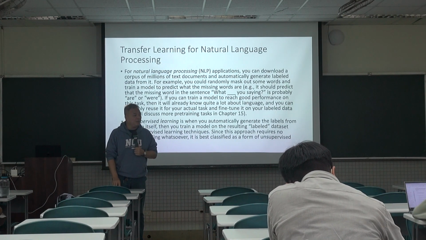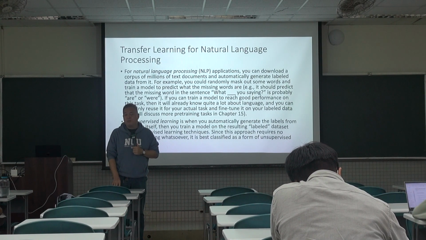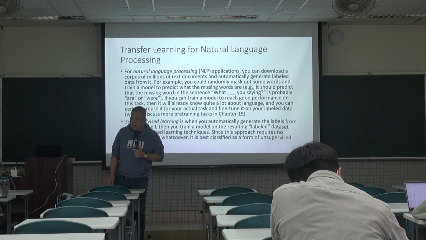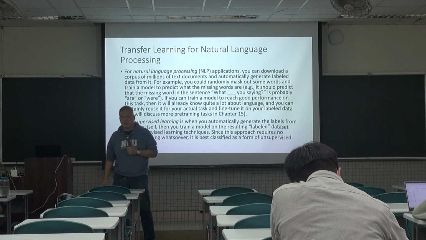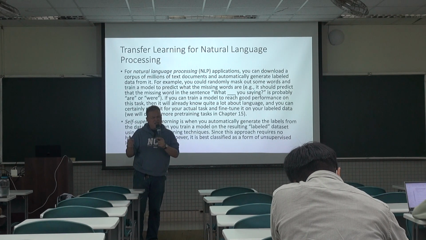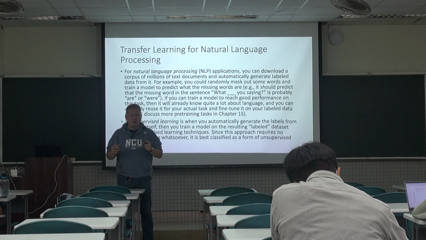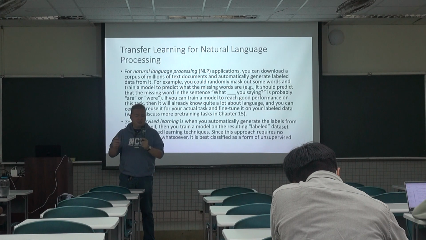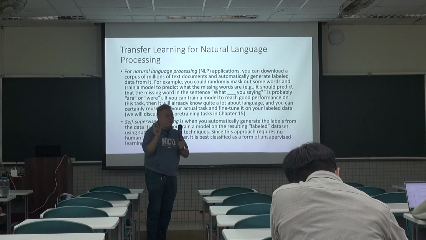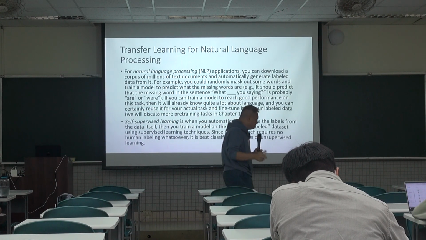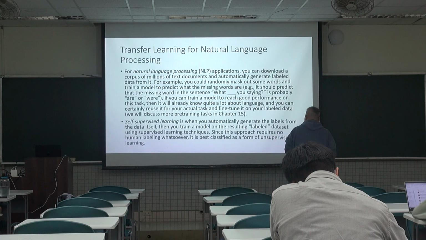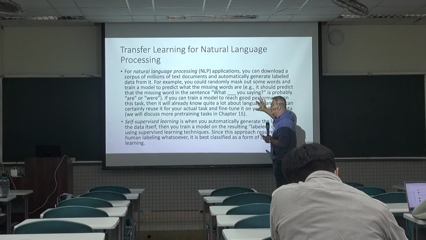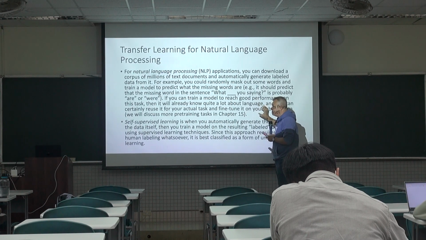For example, the most well-known model is called BERT, B-E-R-T. There are also other models that are variations of BERT, such as RoBERTa, ALBERT, pretty much any word with BERT in it. I just want you to be aware that this pre-training on an auxiliary task is very important.